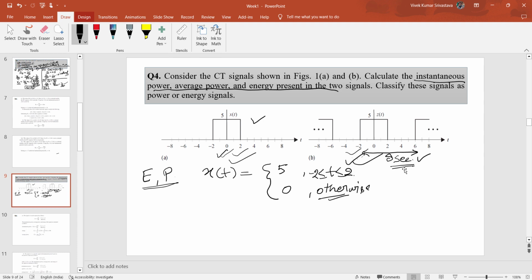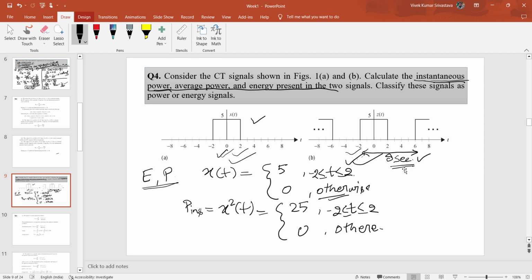Now to determine the instantaneous power, you just have to take the square of this signal. Once you take the square, this becomes 25 when t is between -2 to 2 and 0 otherwise. This represents the instantaneous power contained in this signal.